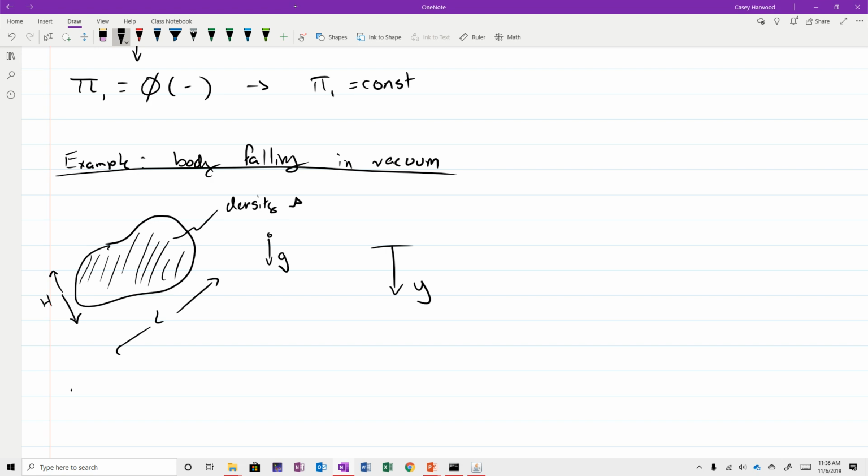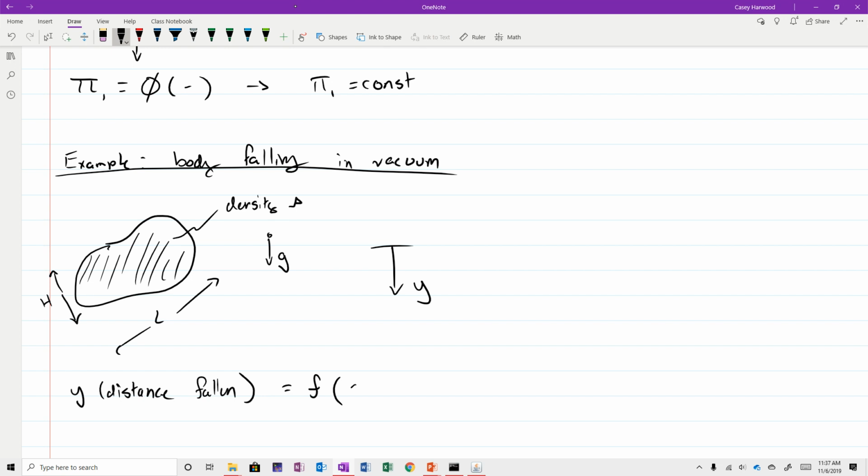We're saying that y, which is the distance fallen, is a function of what variables here? Think of basic dynamics, kinematics. In a vacuum, the only two things that are going to affect the distance fallen are what? I heard gravity.